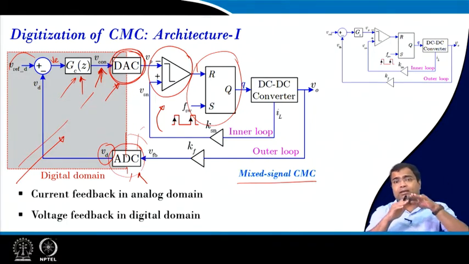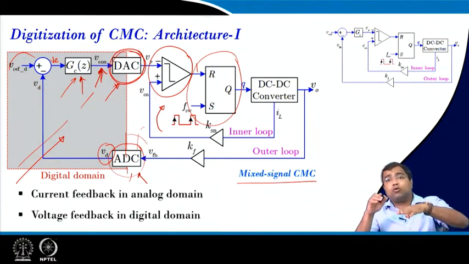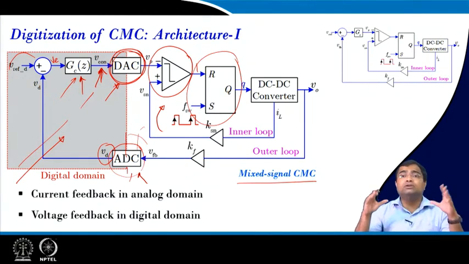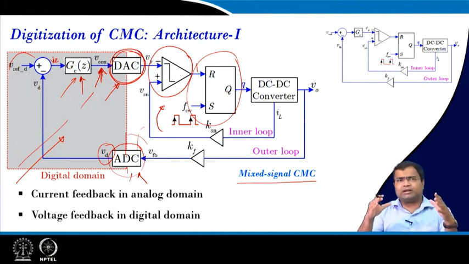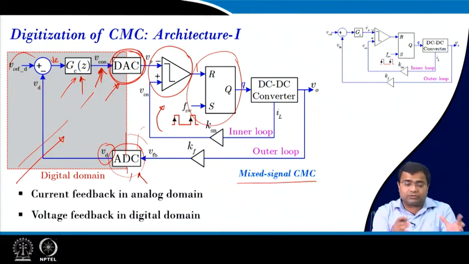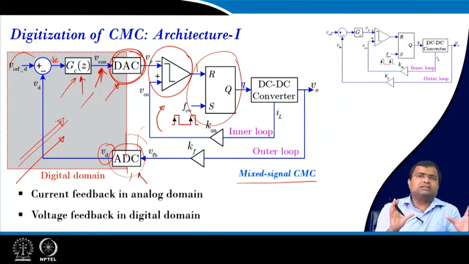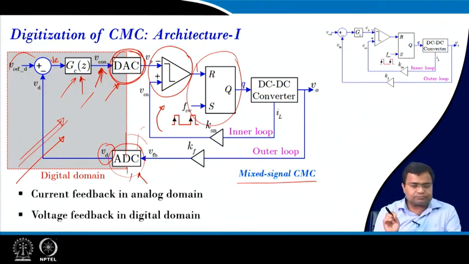So here we can set the current difference to optimize the efficiency under light load control. So there are many possibilities exist which will not be possible, or in fact it will be very difficult in analog control. So that's why this loop enables to do whatever you want other than just simply tuning the gain.